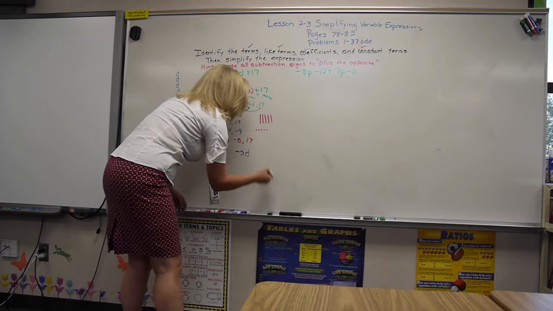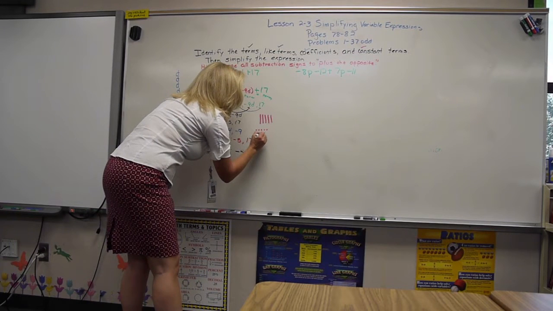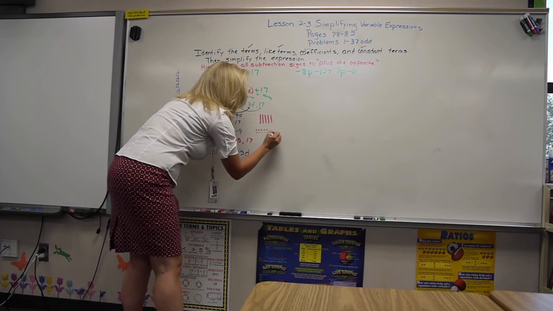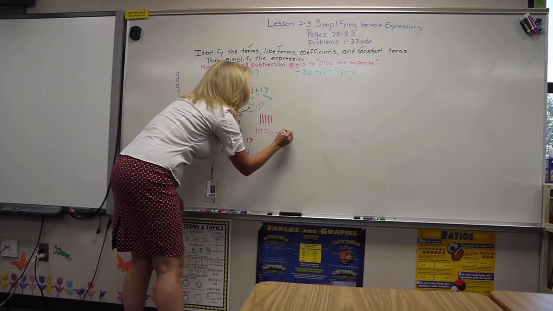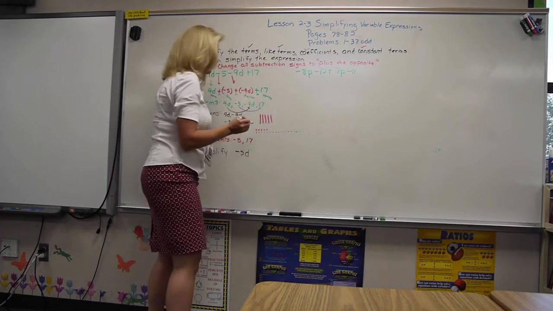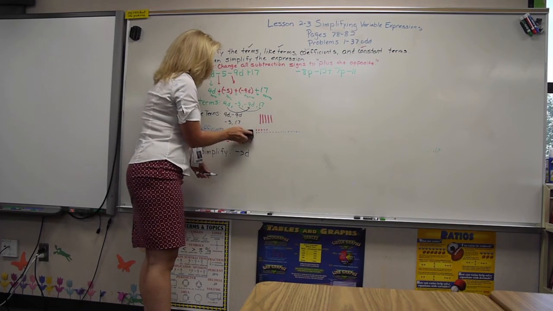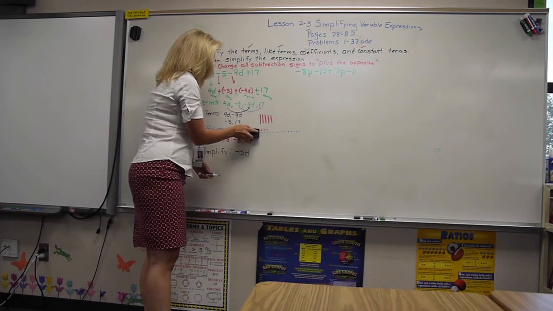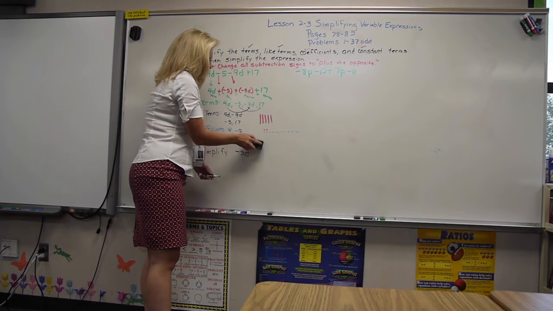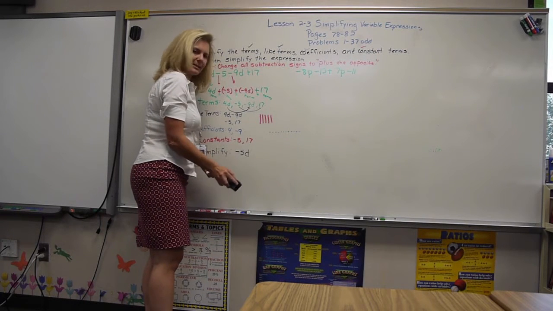1, 2, 3, 4, 5, 6, 7, 8, 9, 10, 11, 12, 13, 14, 15, 16, 17. And we know that blacks and reds make the 0 pairs. So I have that gone, that disappears, that disappears, that disappears, that disappears.